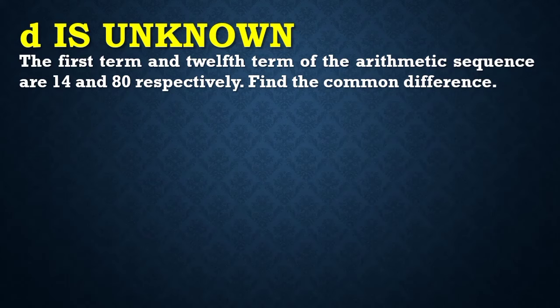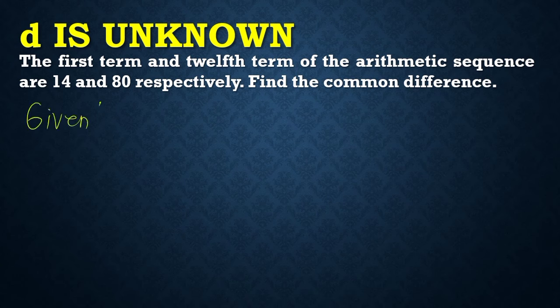Of course, our last unknown, which is the common difference. Let's have the first problem. The first term and the 12th term of the arithmetic sequence are 14 and 80 respectively. Find the common difference. So let us list down the given.